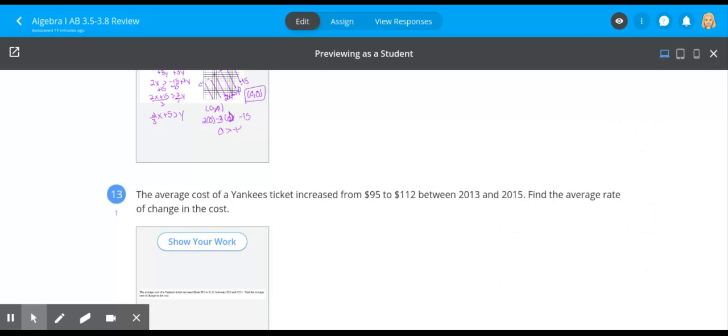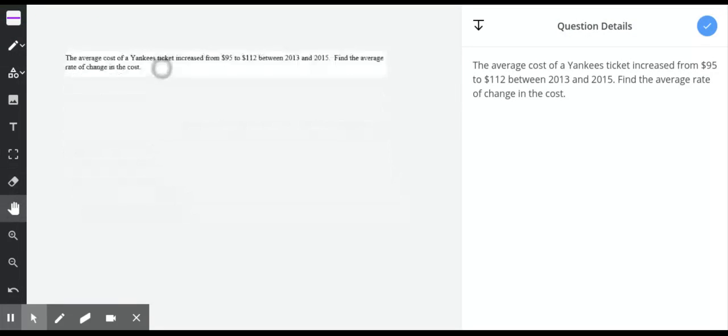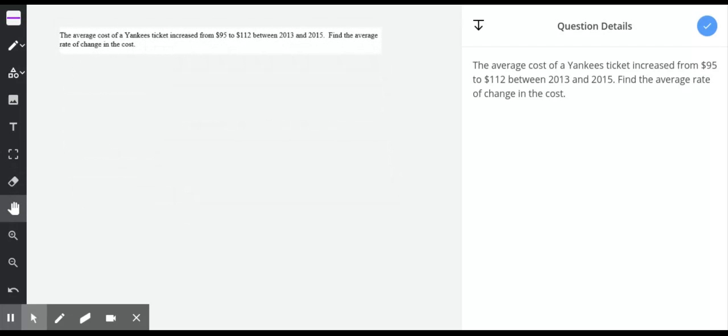So 13, I think, is our last problem here. For number 13, the average cost of a Yankee ticket increased from $95 to $112 between 2013 and 2015. Find the average rate of change in the cost.